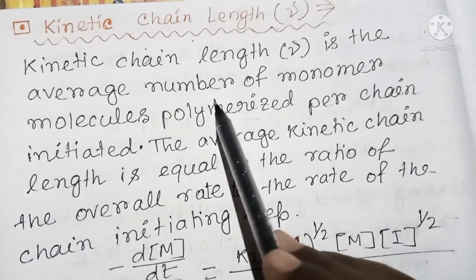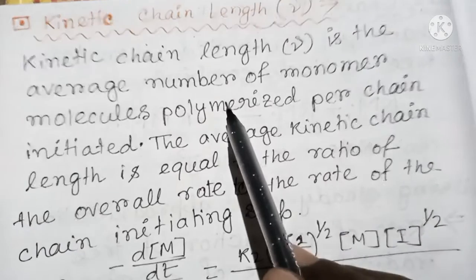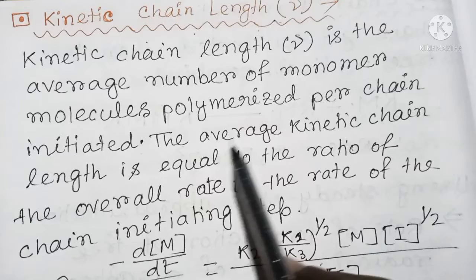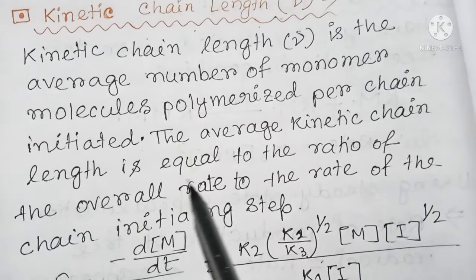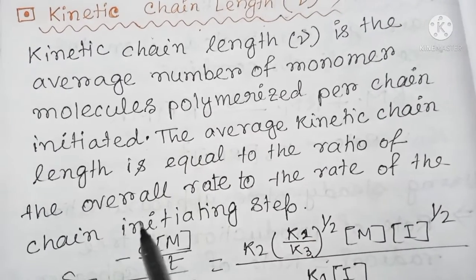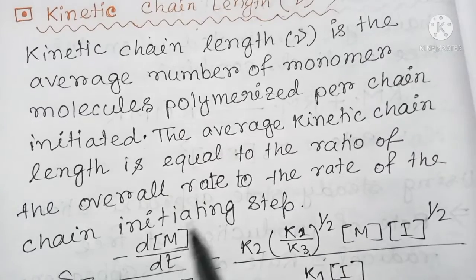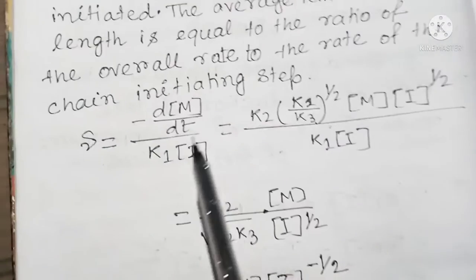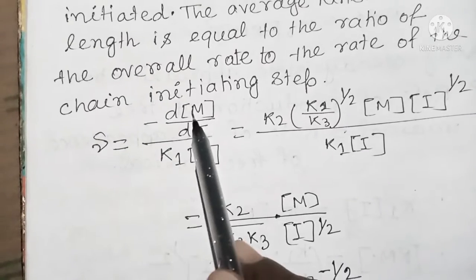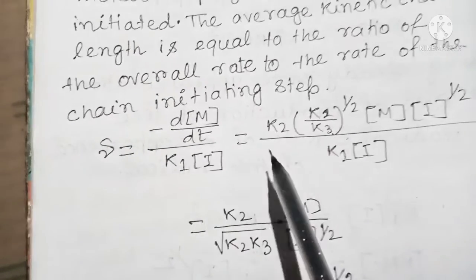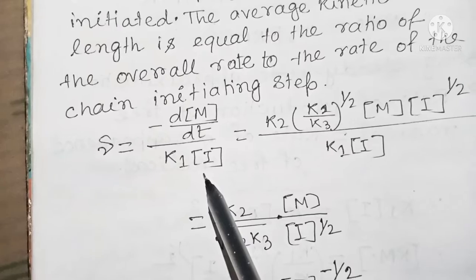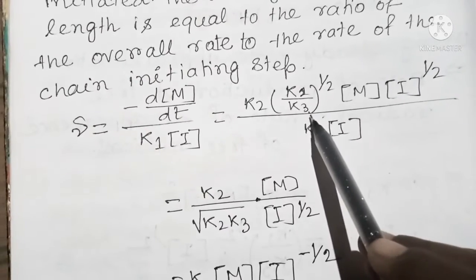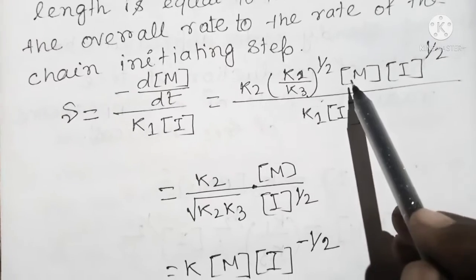The average kinetic chain length is equal to the ratio of the overall rate to the rate of the chain initiating step. Nu equals minus d[M]/dt by K1 into [I], equal to K2 into (K1 by K3) to the power half into the concentration of M into the concentration of I to the power half by K1 into the concentration of I.